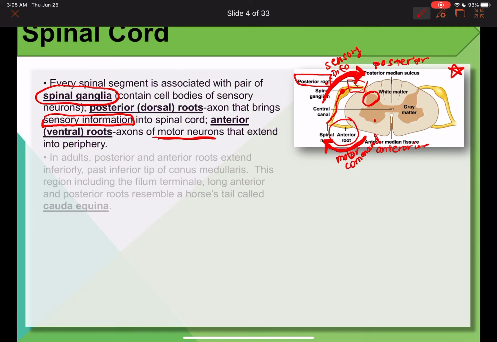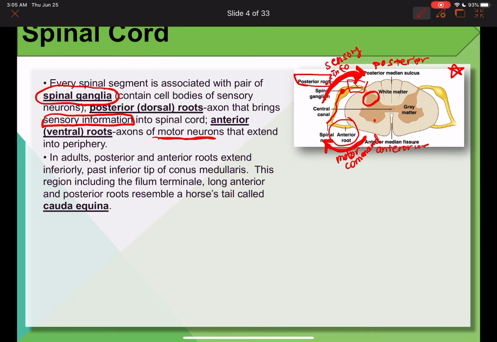Okay. So for adults, those posterior and anterior roots will bend and descend inferiorly past the tip of the conus medullaris of the spinal cord we talked about, and it becomes a region called the cauda equina. Cauda equina structurally resembles a horse tail.